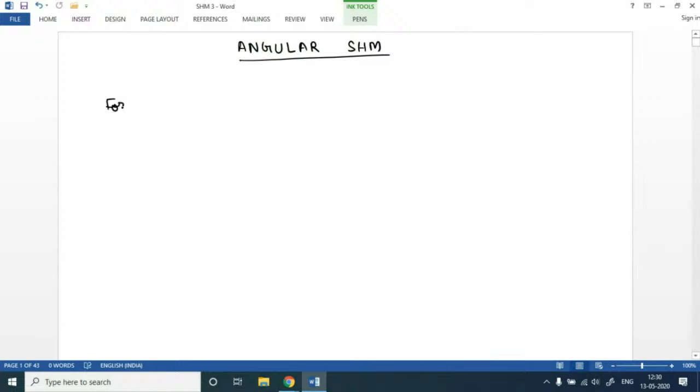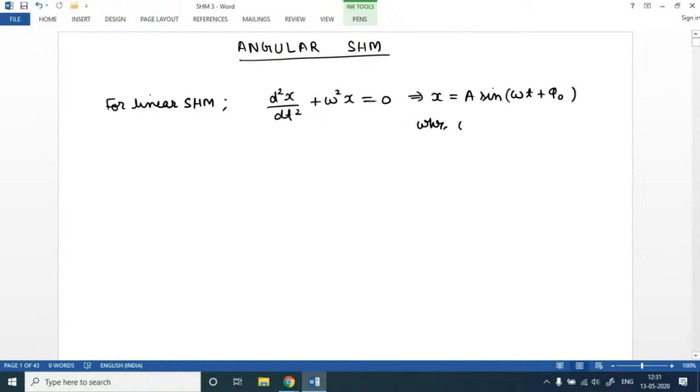For linear SHM, you understand this differential equation, d2x by dt square plus omega square x equals 0, was established, and the solution to this was x is equal to A sine(omega t plus phi naught), where omega used to be root under k by m.